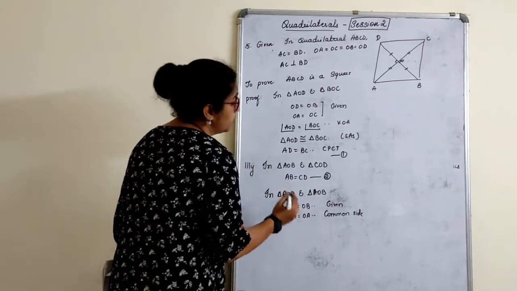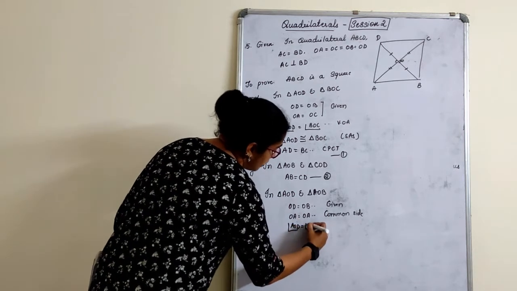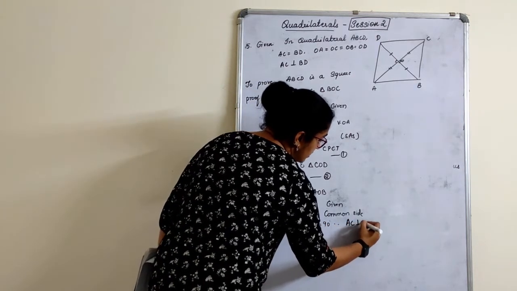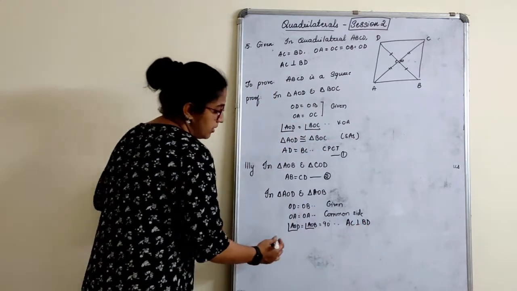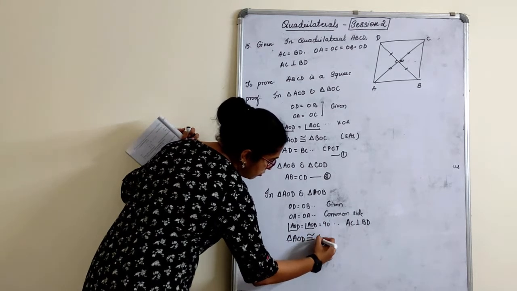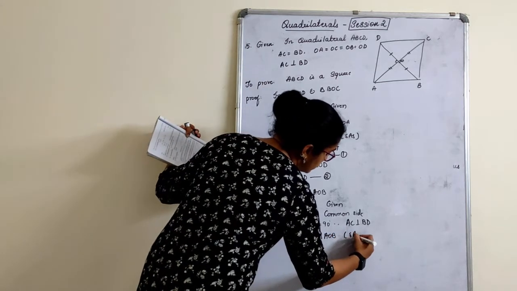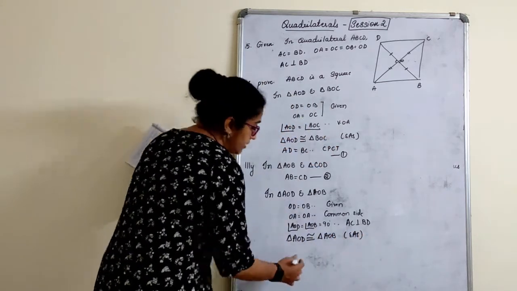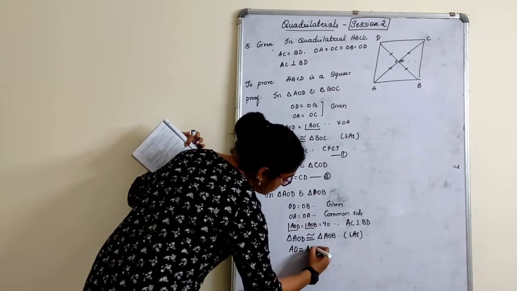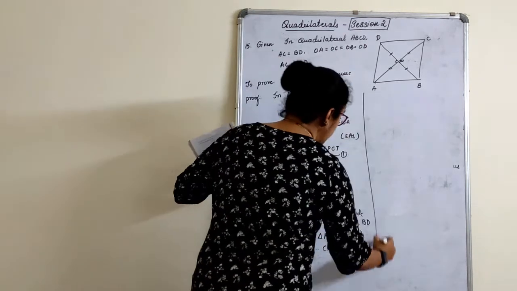So angle AOD is equal to angle AOB is equal to 90. Reason, AC perpendicular to BD. Therefore, triangle AOD is congruent to triangle AOB by the SAS congruence rule. From this, AD is equal to AB, CPCT. Equation 3.